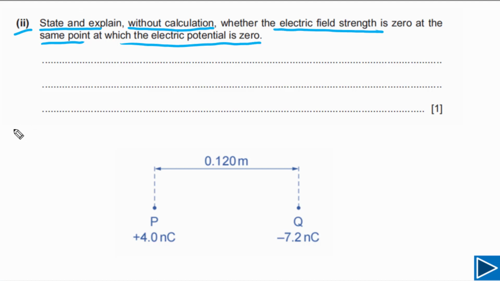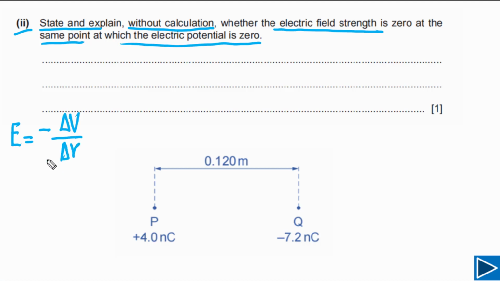So first of all, let's try to understand the relationship between electric field and potential. Electric field is equal to the negative of the potential gradient. So simply we can say E is equal to negative delta V over delta R, where R is the distance.